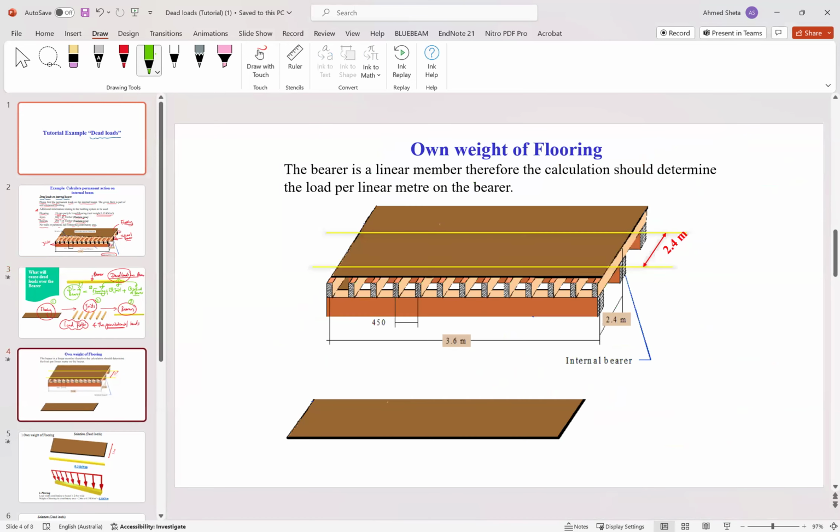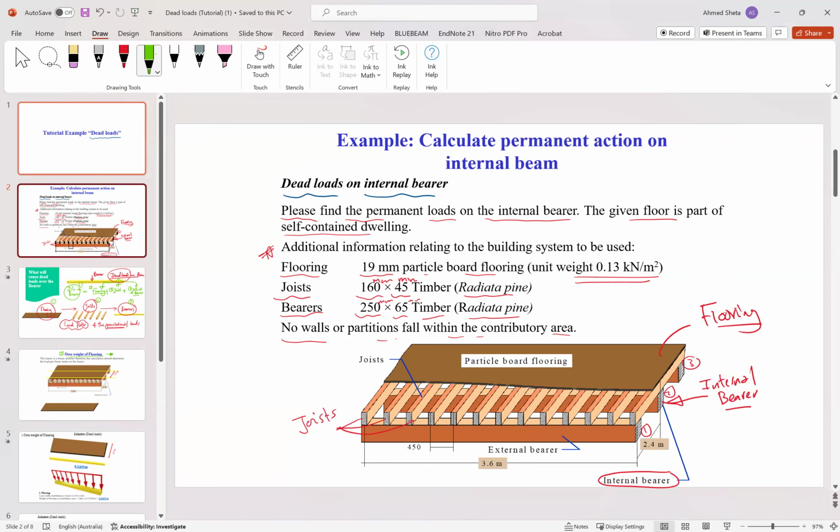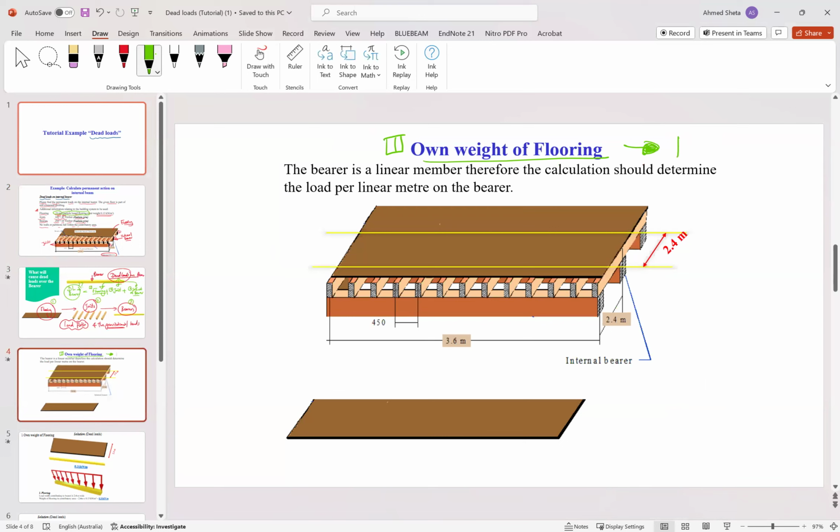Okay, so now we jump to the first step, the weight of the flooring, or the own weight of the flooring. How to know the own weight of the flooring? The first is to know the material of the flooring, which was given here: 19 millimeter particle board flooring.